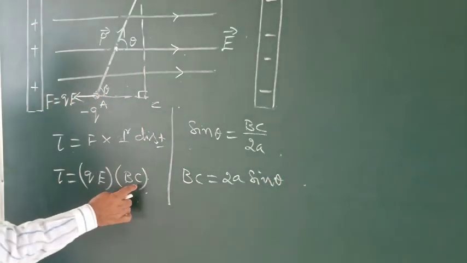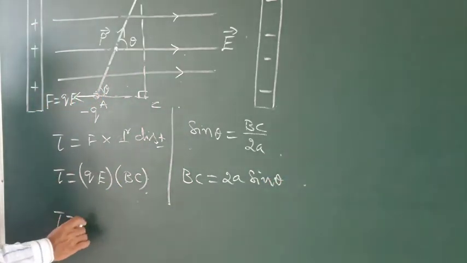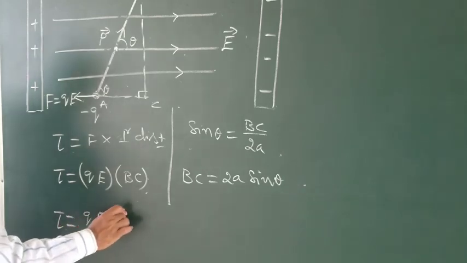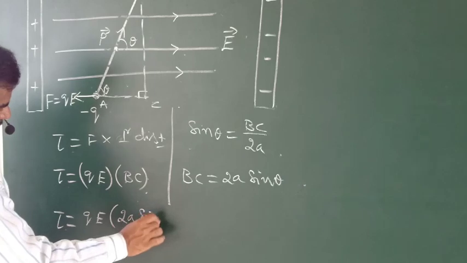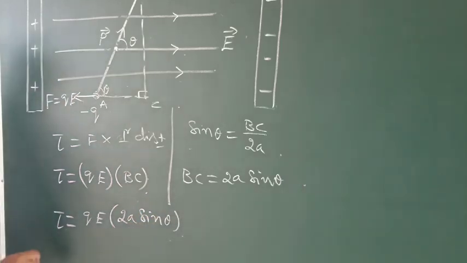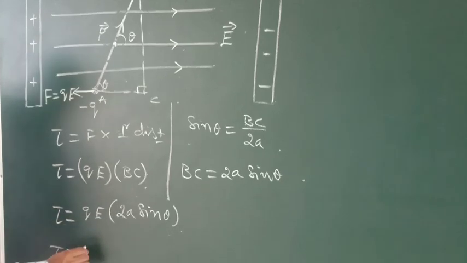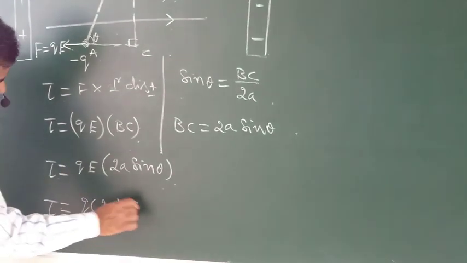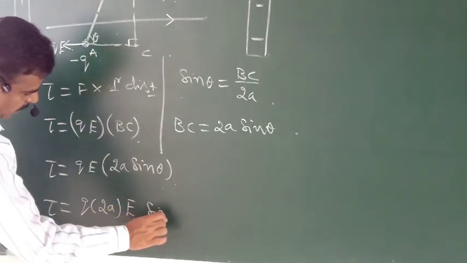If I substitute for BC here, torque is given by qE into 2a sin theta. Okay? Therefore, if I rearrange the terms, I can write q into 2a into E into sin theta.